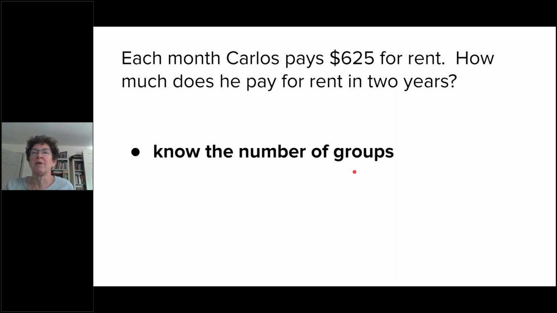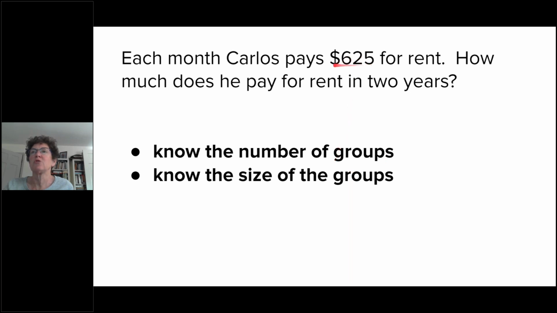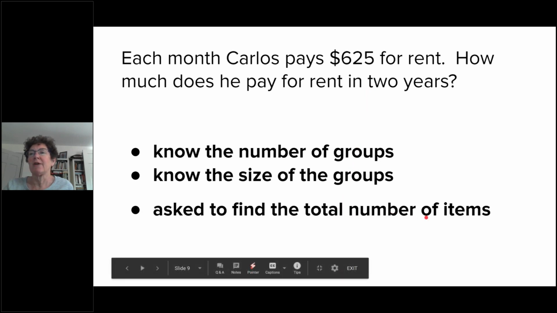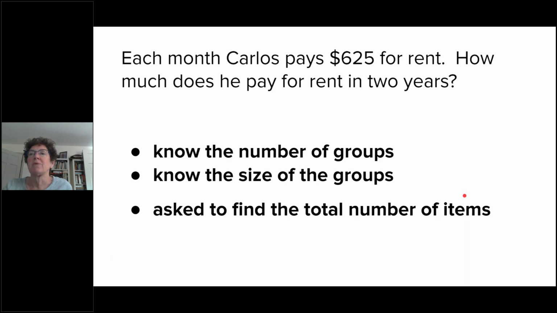Let's go on and see what else we know. We know the size of the groups. We know that each group has $625 in it. And we are asked to find the total number of items, or how much he will pay all together. So let's go back and think about what that means.